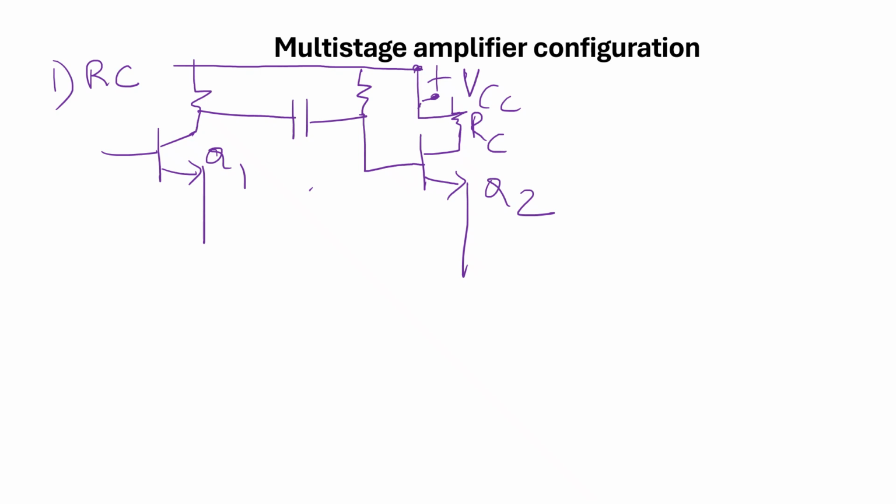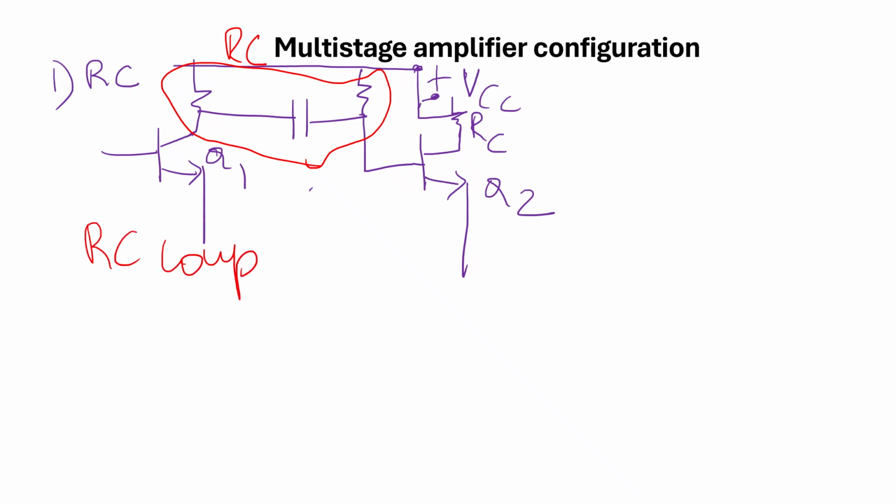Here we could see transistor Q1, transistor Q2. A set of RC coupled elements are connected for the purpose of connecting two transistors. This kind of coupling is called RC coupling. Yes, we use R and C components to couple these transistors.